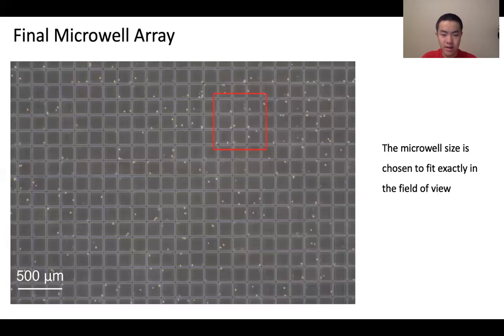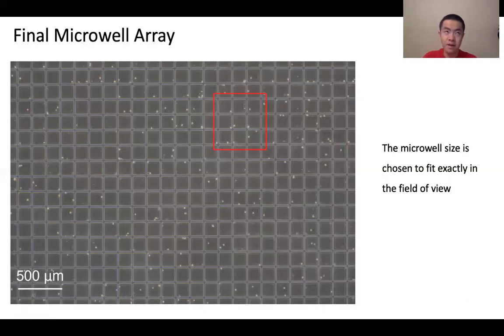Here's our imaging setup. We made a huge array of microwells, and the red square here shows the field of view of our camera. With this setup, we can image multiple locations for each cell line for each sample. Each experiment can give us approximately 40 locations if we image 9 microwells inside the field of view.